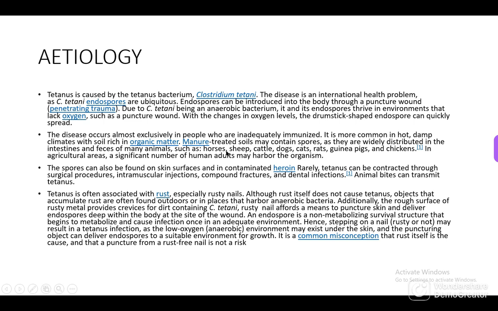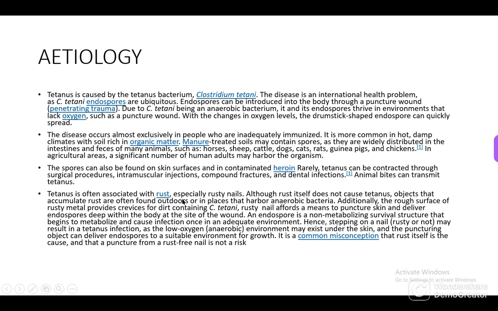In these conditions there is a lot of debris and manure. The manure is a very important source of infection. So this horrible organism is present in the manure, and if a cut is there, they will enter into your body and cause this problem.